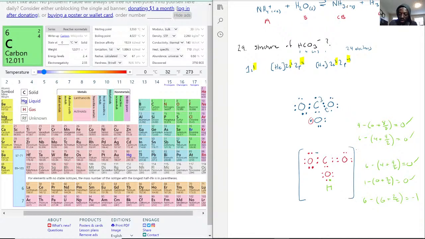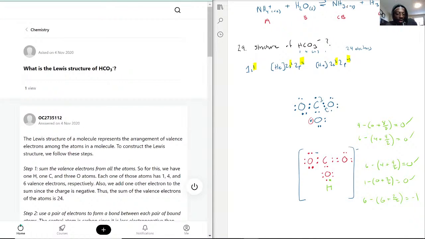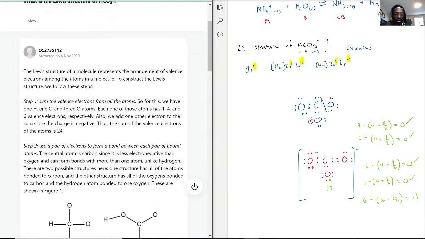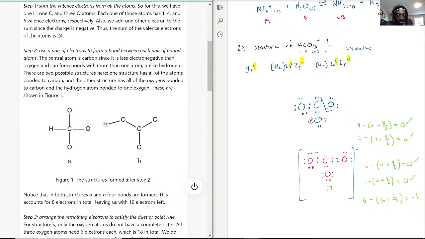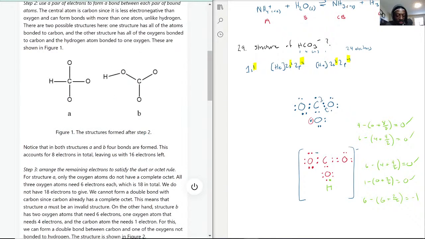So the whole thing is minus 1, but exactly this is going to be our Lewis structure for HCO3 minus. Let's see how we did. Well, HCO3 minus, specifically one of the oxygens is going to have that negative charge, and everything else is neutralized, and the hydrogen is actually sticking on the oxygen, not the carbon. Wow, we did it.